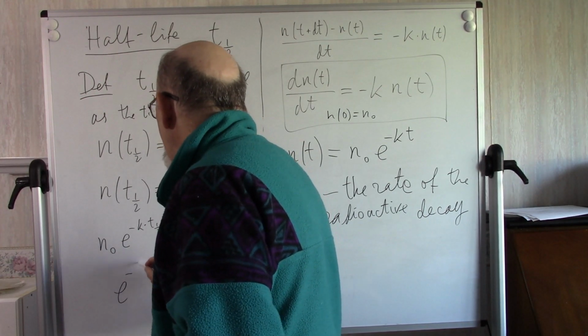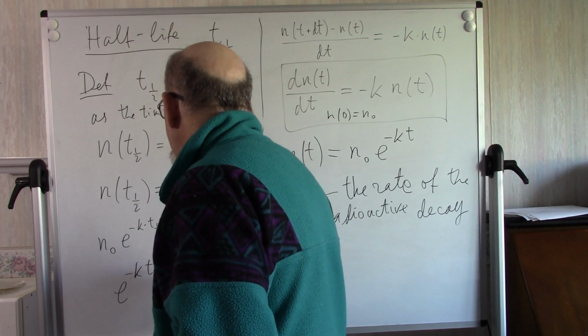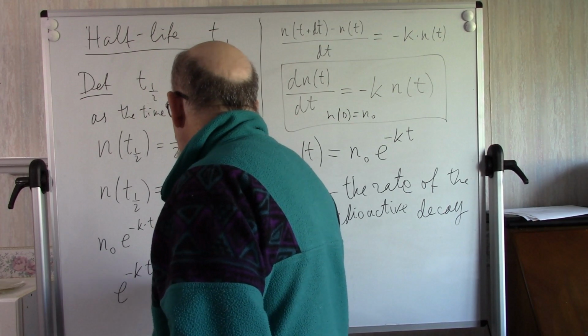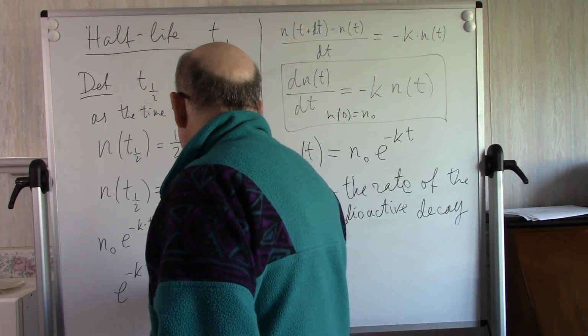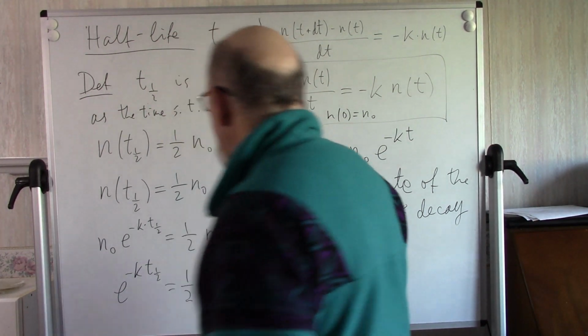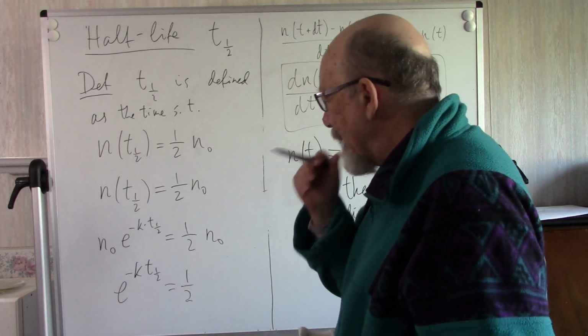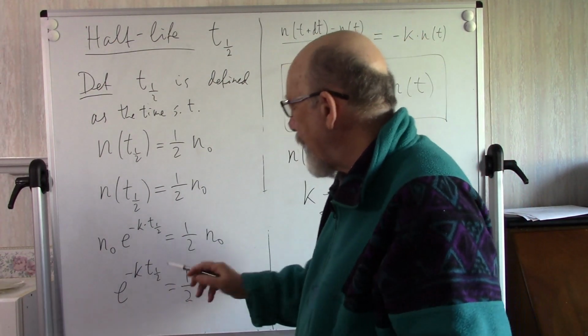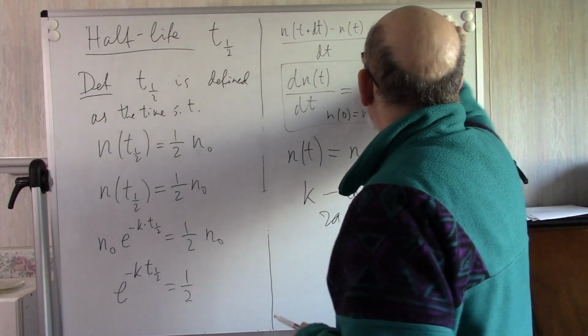E to the power minus k t 1/2 equals 1/2. Let us take the logarithm of the left and right hand sides.